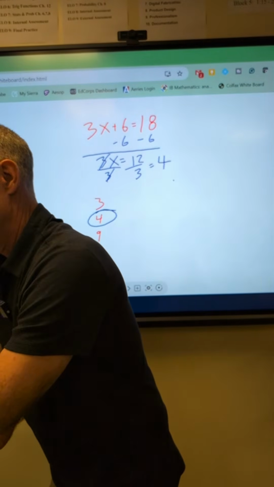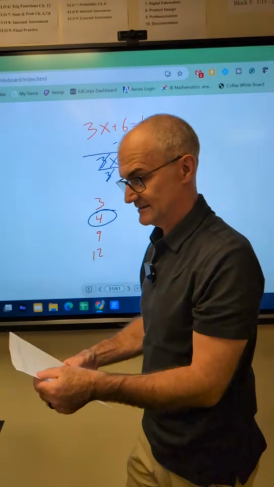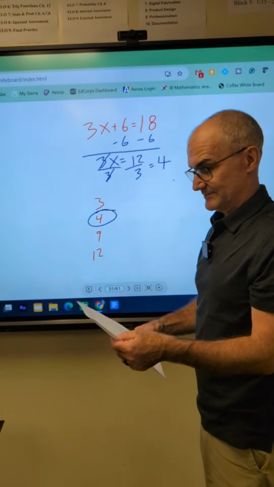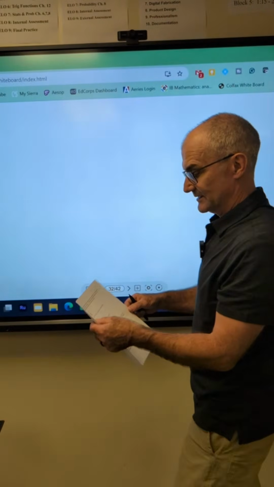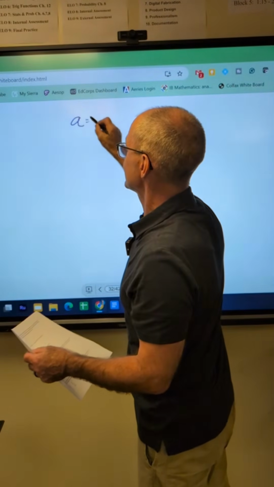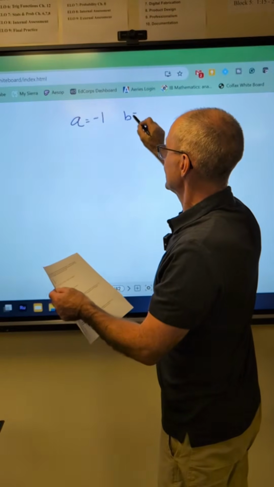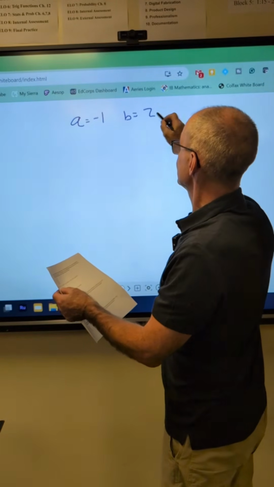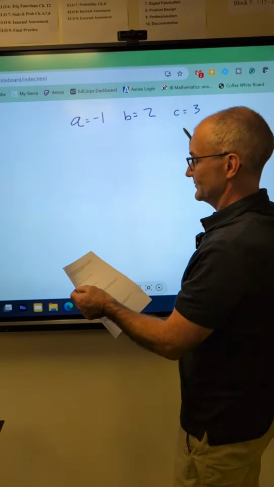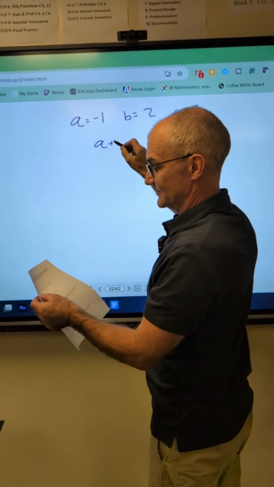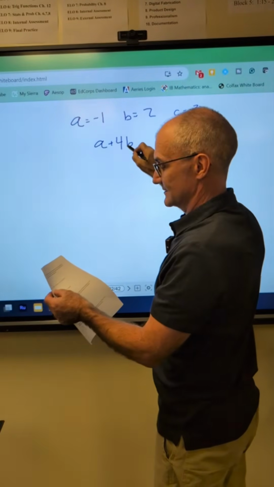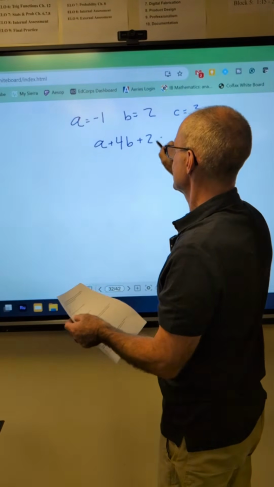There we go. One more here. Here's a substitution problem. If A is equal to negative 1, B is equal to 2, and C is equal to 3, evaluate the expression A plus 4B plus 2C.